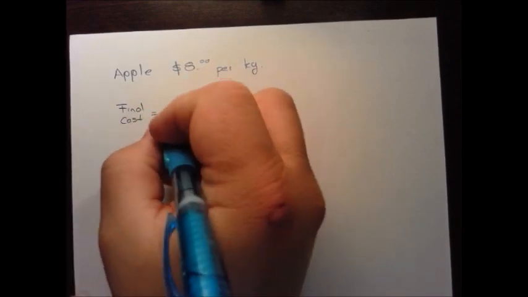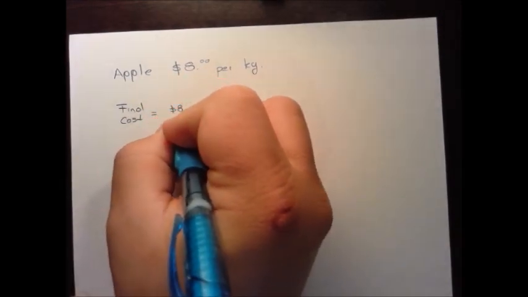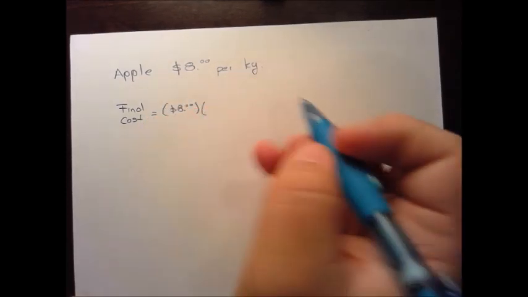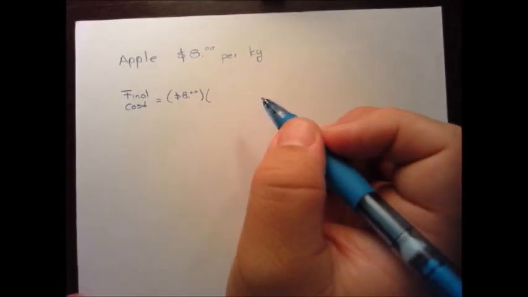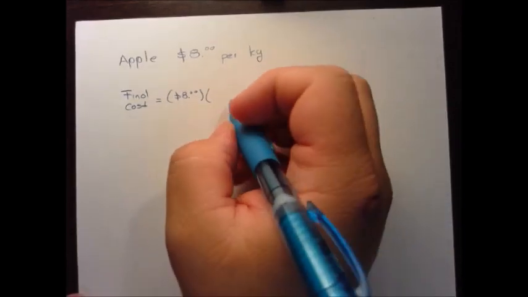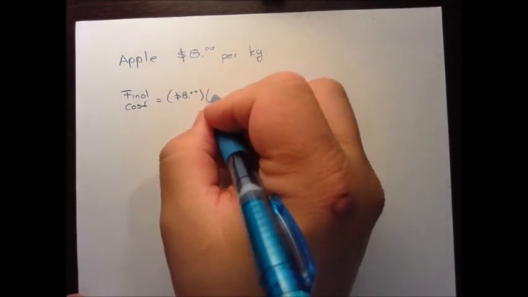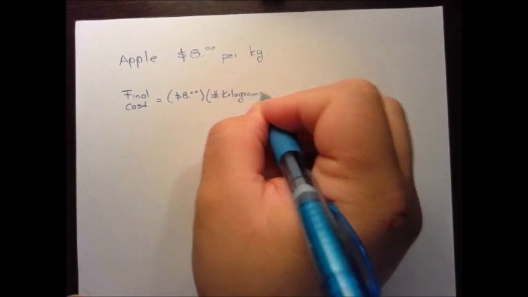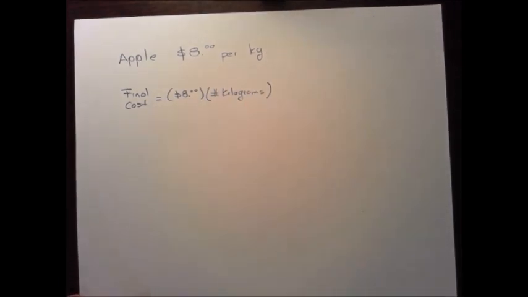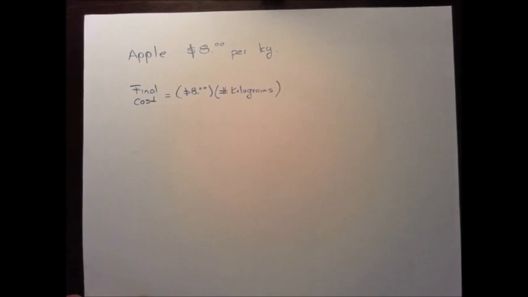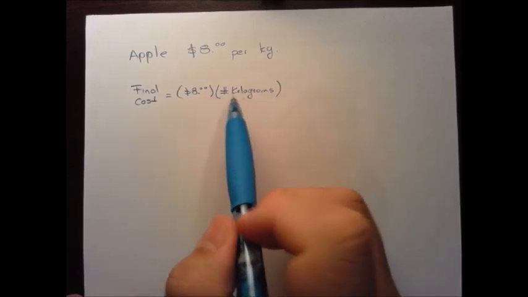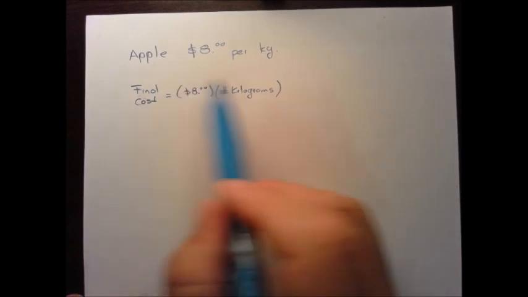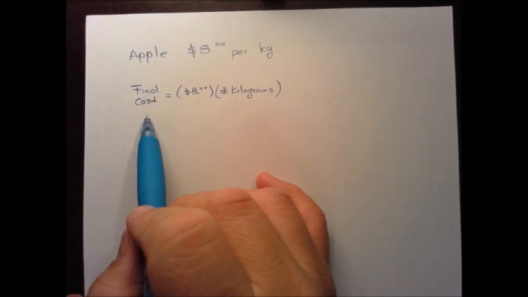First of all, you are going to take the value of the apples per kilogram, and then I'm going to multiply, look at this, I'm going to multiply times the number of kilograms that I'm going to get. All right, so in that case, if I want to buy 1 kilogram times 8 pesos, the final cost is going to be 8. 2 kilograms by 8 pesos is going to be 16, etc.